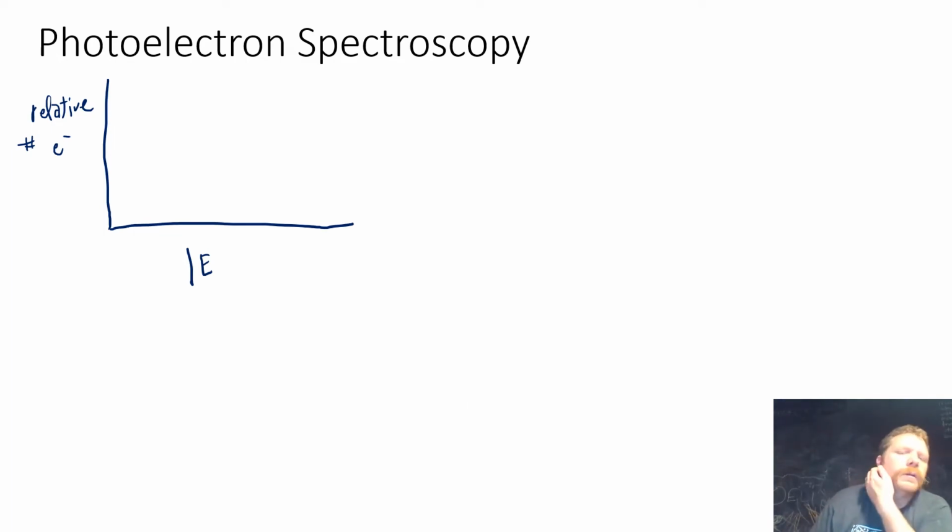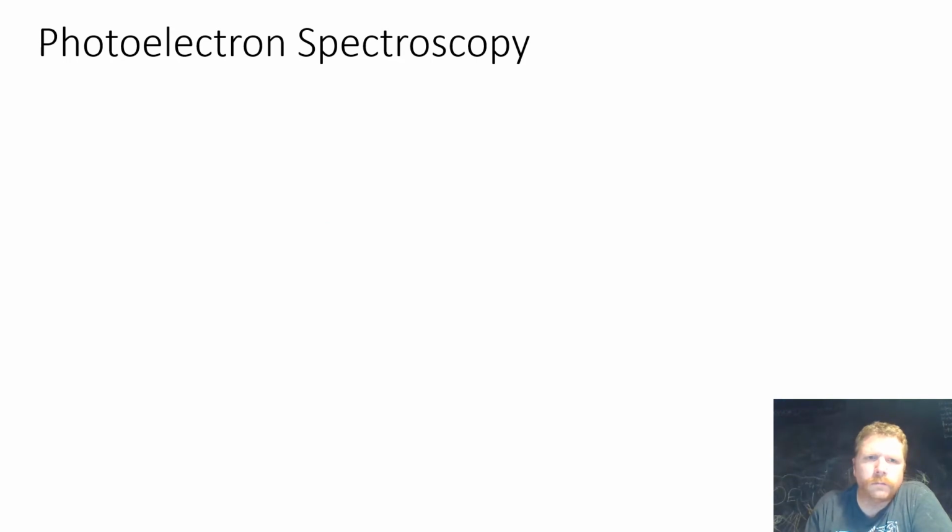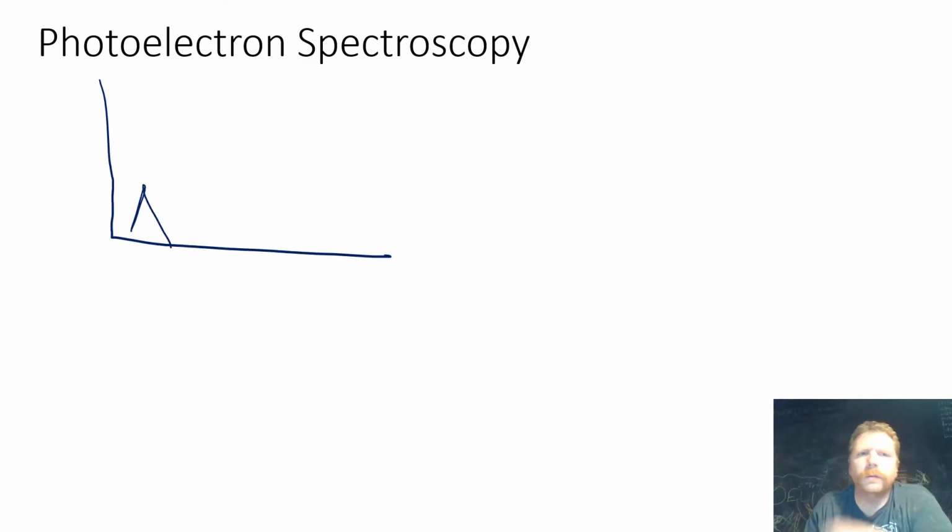And the way that we look at this is we say, well, this peak right here corresponds to electrons very close to the nucleus. We look at this peak right here as corresponding to the electrons that are closest to the nucleus.